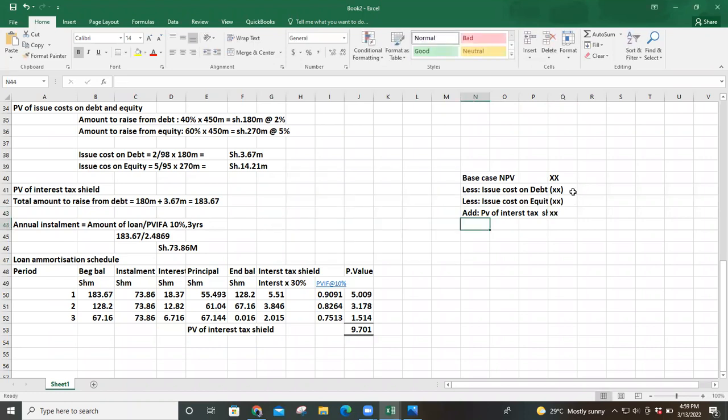The answer that we get is our adjusted present value.